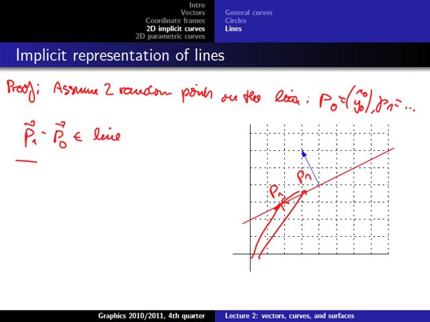Now I said that n, let's just call it (a, b), is perpendicular to this line, so we can say every random vector on the line is perpendicular to it. Since we did not explicitly specify that, but specified them as random points on the line, this p1 minus p0 is also a random vector.